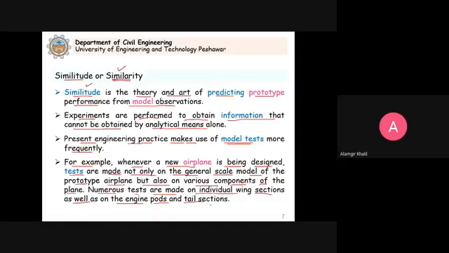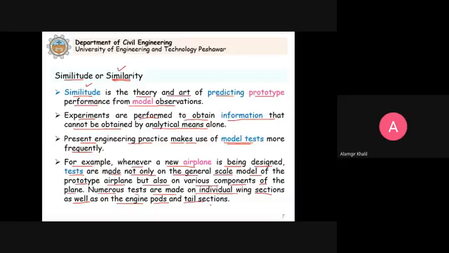So what we see here in this example is that whenever a new aeroplane is designed, various components of the plane are evaluated, meaning the design parameters.